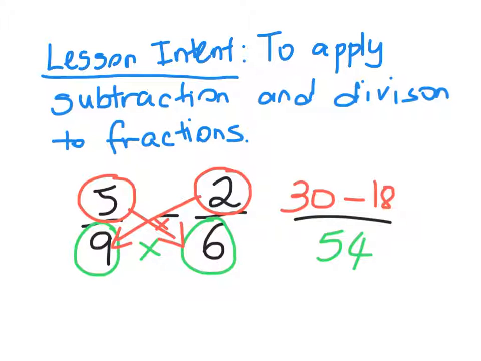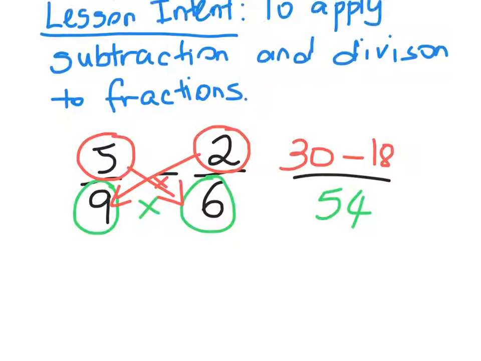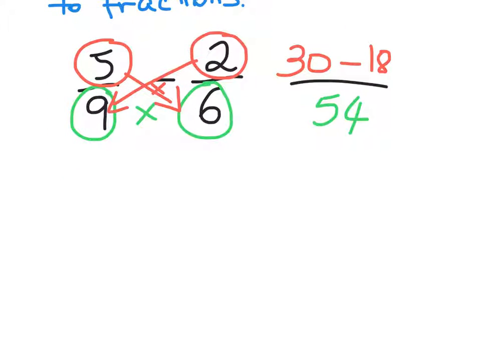So let's move down the screen a bit. Here we just need to do a quick calculation of 30 take 18, which is 12 over 54. Now we can simplify this all the way down.